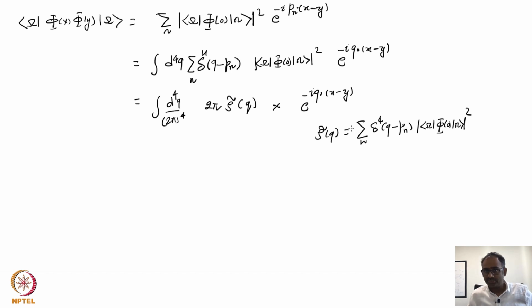I have missed the factor of (2 pi)^3. Because I have a (2 pi)^4 in the denominator, that 2 pi cancels and makes it (2 pi)^3. And that (2 pi)^3 gets cancelled with this (2 pi)^3. So that we get this line. Okay, fine. So that is the definition of rho tilde of q, and as you see, 2 pi times rho tilde of q is basically the Fourier transform of this object on the left hand side.